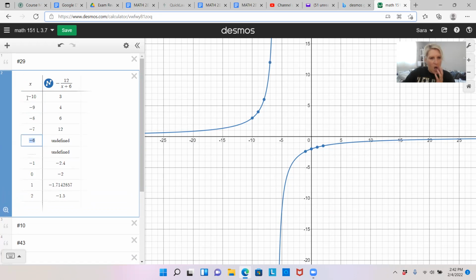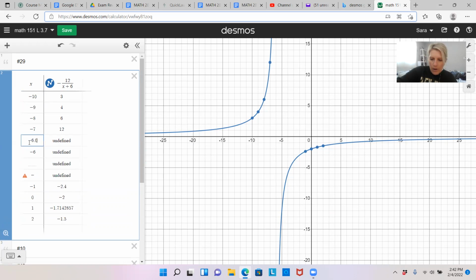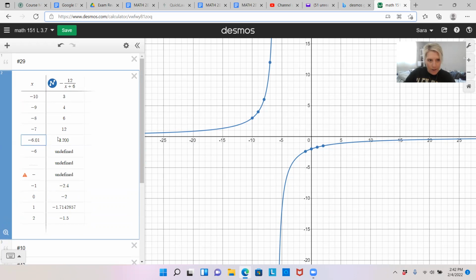So you can see that the numbers are getting extremely large, and then at -6, all of a sudden it's undefined. And then you could even do -6.01, and there's a value. See how large it is, but when it gets to -6, it's undefined.